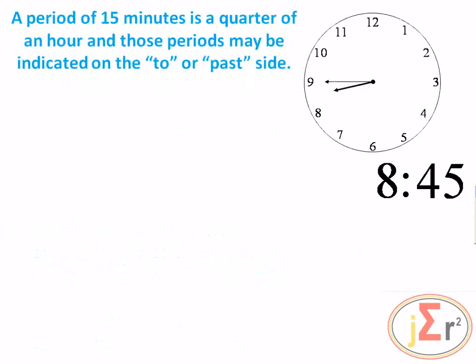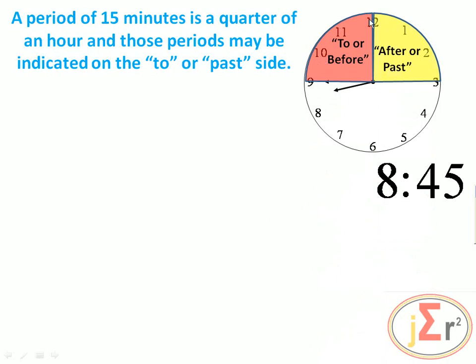A period of 15 minutes is a quarter of an hour, and those periods may be indicated on the "to" or "past" side of the clock. So 15 minutes: 5, 10, 15.